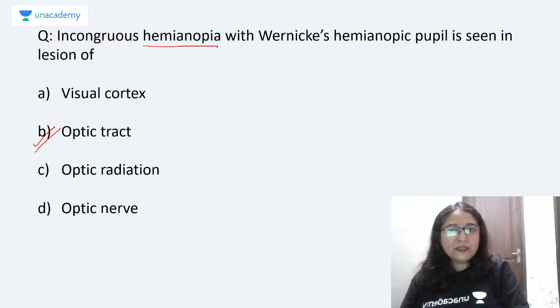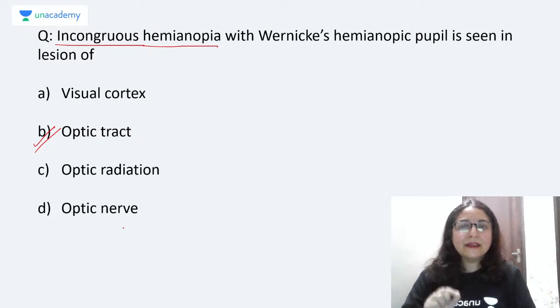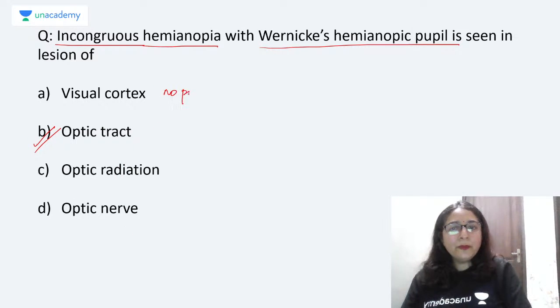Hemianopia is also seen in optic tract lesion. The optic tract defects are incongruous because they are not exactly symmetrical; there is usually asymmetry between the field defects. So incongruous hemianopia with Wernicke's hemianopic pupil, please remember, will be seen in optic tract lesion. Visual cortex, no pupil abnormality.